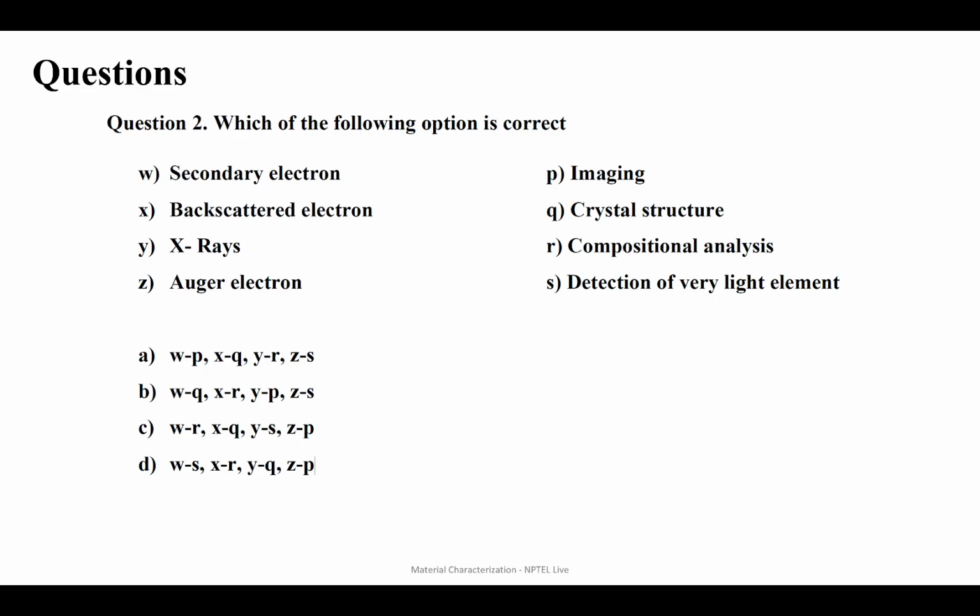So you have W secondary electron, X backscatter electrons, Y X-rays, Z Auger electron. And then you have P imaging, Q crystal structure, R compositional analysis, and S detection of very light element. So you have to match those and tell which is the correct option.